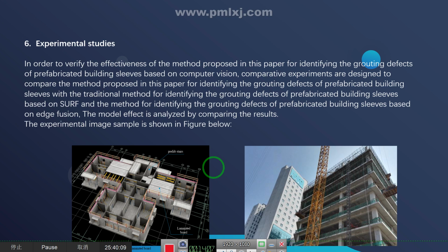The model effect is analyzed by comparing the results. The experimental image sample is shown in the figure below.